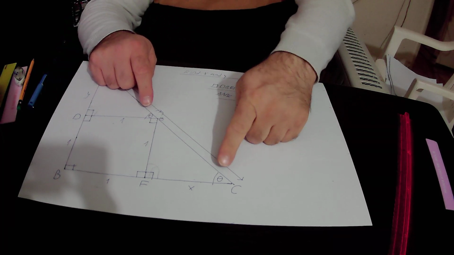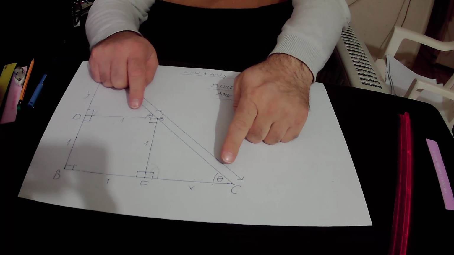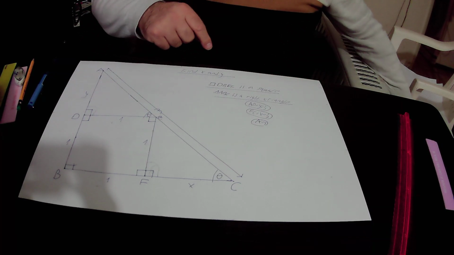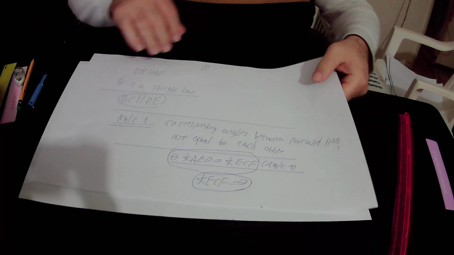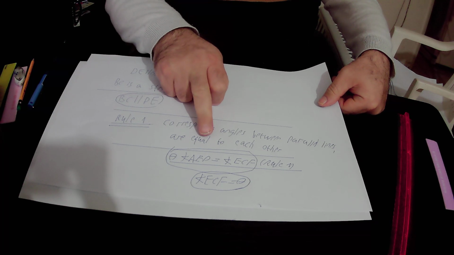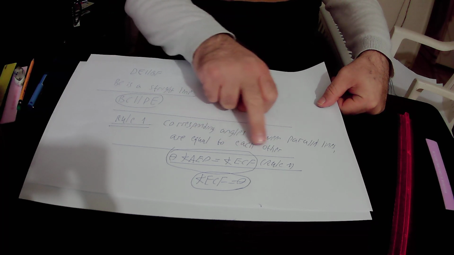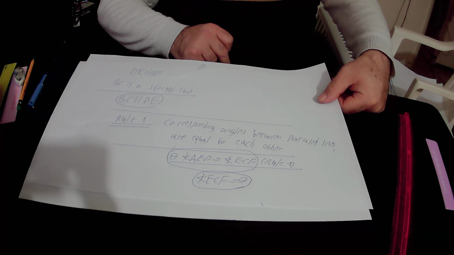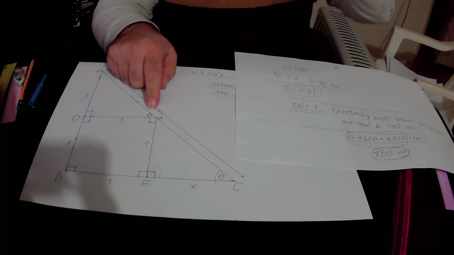And because those two corresponding angles are located between the parallel lines DE and BC, they are equal to each other. That is to say, angle AED equals angle ECF according to rule number 1.